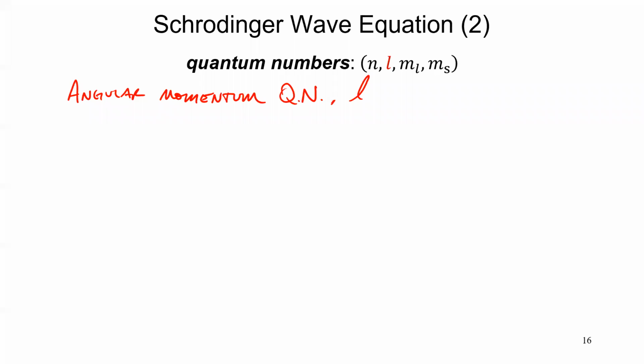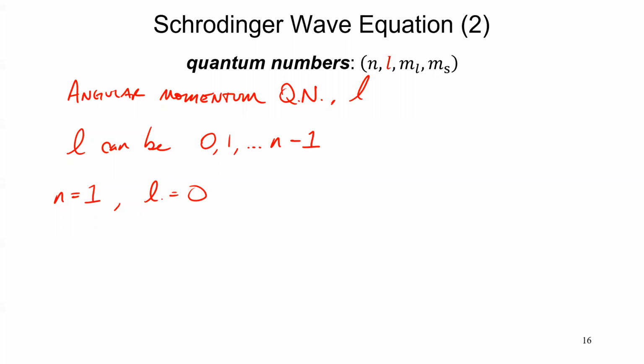And L is based on the possible values for n, and so L can be 0, 1, all the way up to n minus 1. Right? And so if n is equal to 1, what's the only value for L? 0.